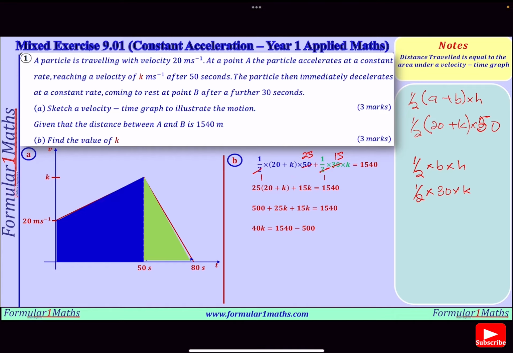Collecting like terms gives us 40k is equal to 1,540 minus 500. Reducing that gives us 40k is equal to 1,040. Solving for k yields k equals 26. So the value of k is 26.